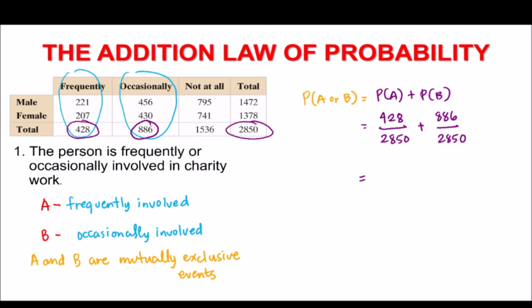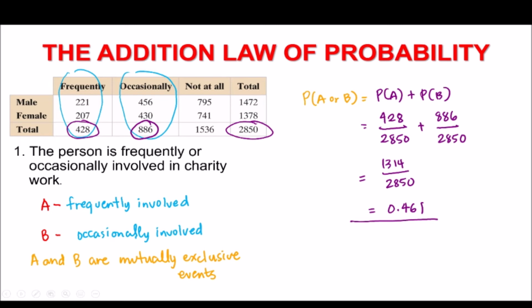So adding the two fractions will give you 1,314 over 2,850. In simplest form, 1,314 divided by 2,850 is 0.461. Okay. So the probability that the person is frequently or occasionally involved in charity work is 0.461.